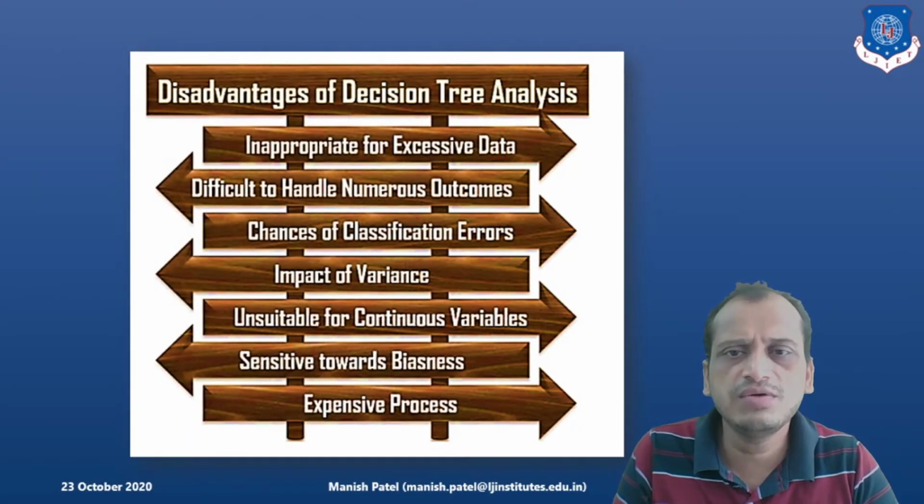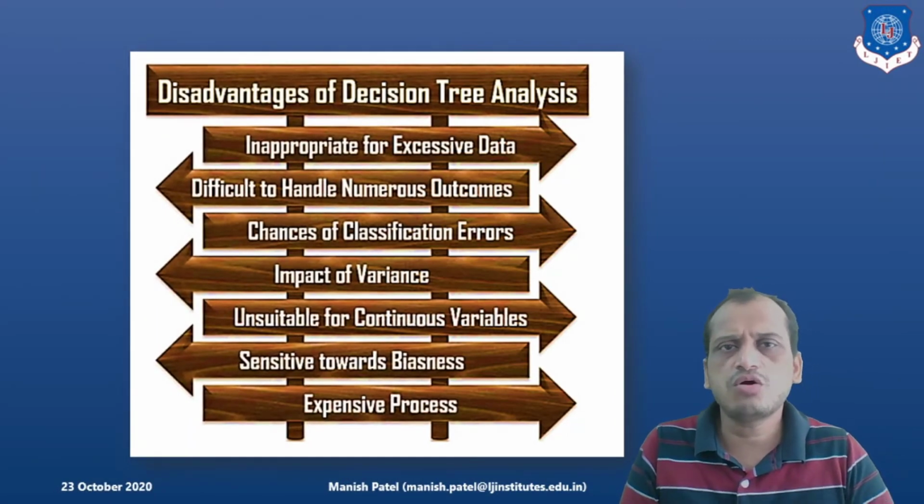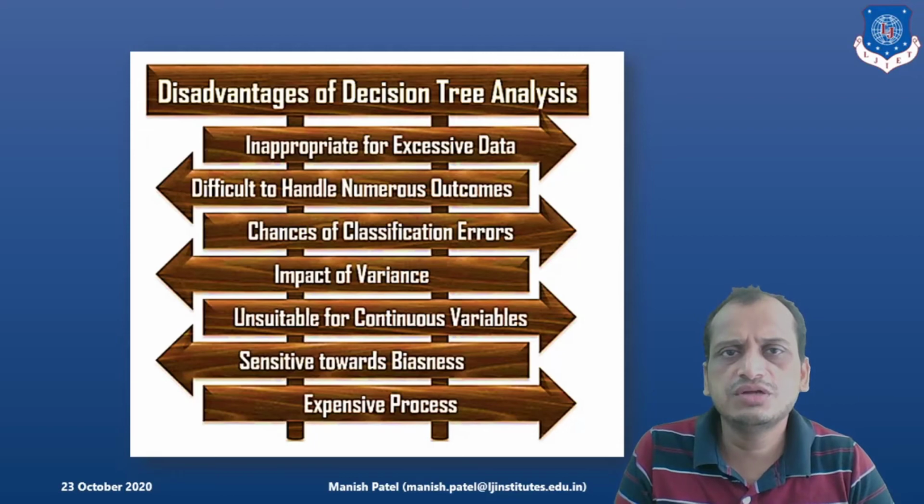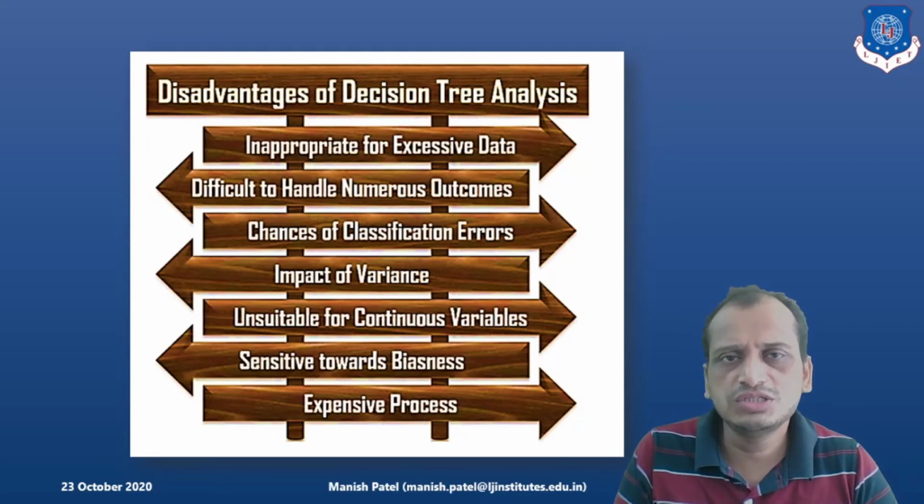Coming to the disadvantages, if you have excessive data and complex alternatives, it is very difficult to manipulate, or you can say compute, the solution. Now, for classifying these alternatives, there are chances of human error, because if there is an error in classification, the outcome will be erroneous.